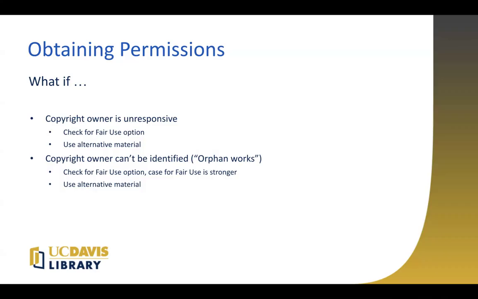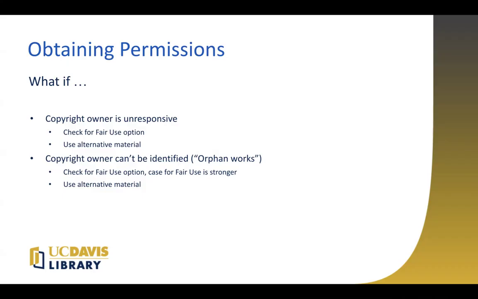Equally, if the copyright owner can't be identified, so if you don't even know who the copyright owner is, and we have a lot of works in the library we call orphan works. So these are books by publishers, by authors. The authors have passed away. We don't know who the estate is, who the copyright owner is, where it was handed over to.